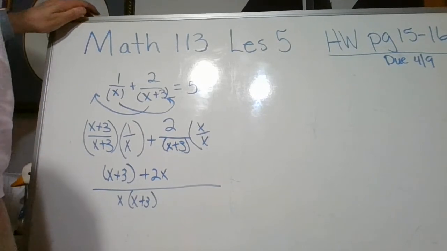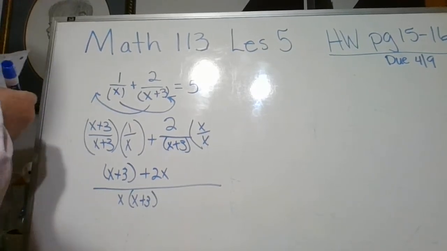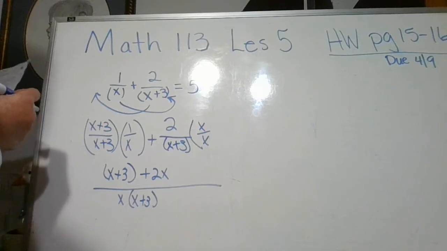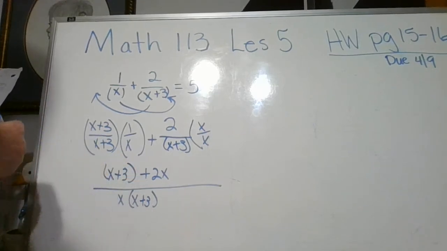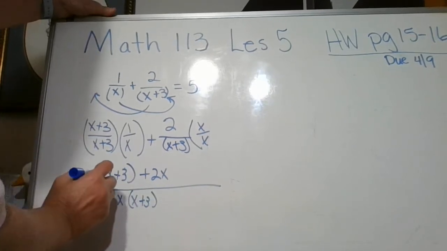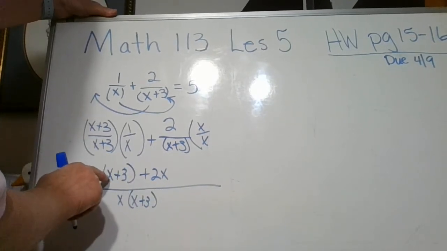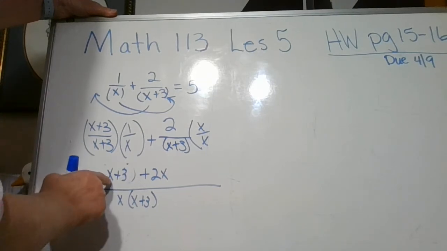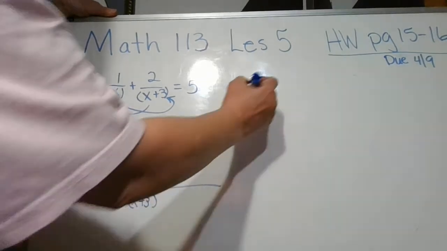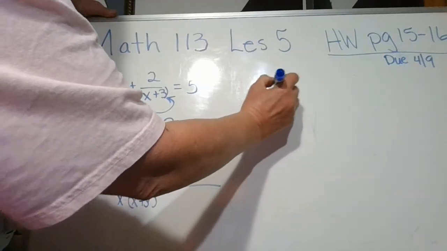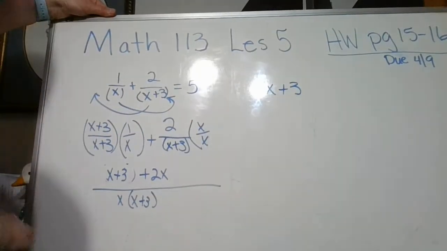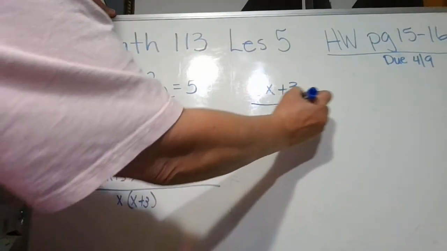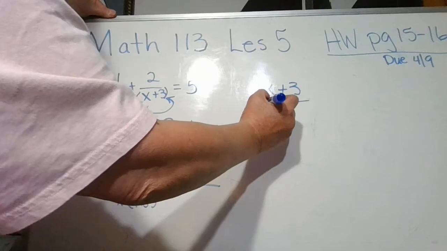So we double check that I copied that correctly. 3x. Okay, so up here, I'm going to add those together. 1x plus 2x is 3x plus 3. And on the bottom, I'm just going to leave that like it is.